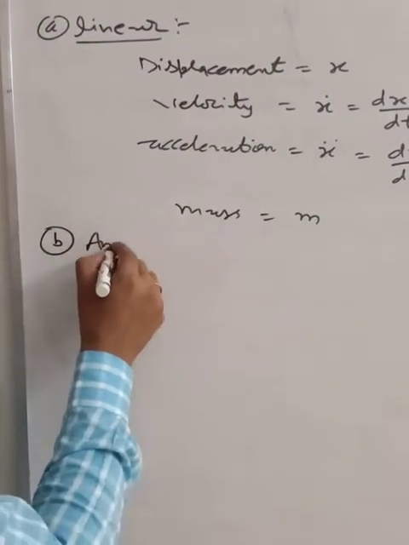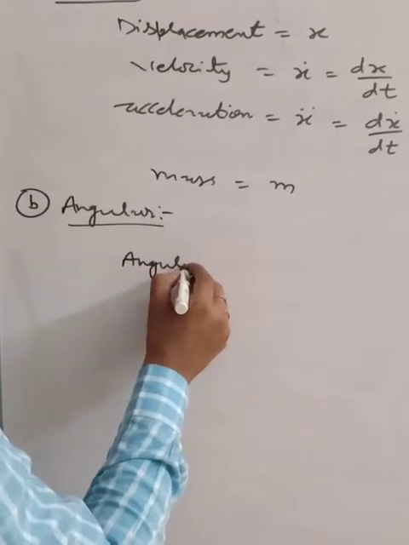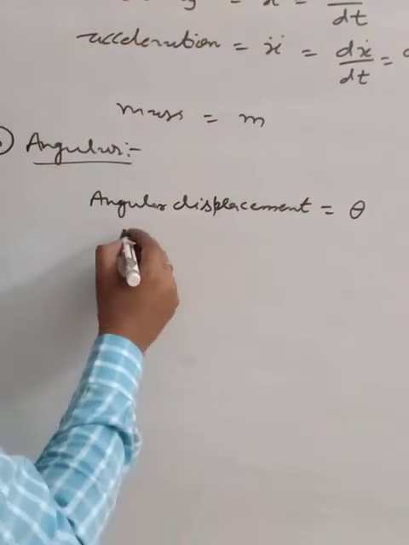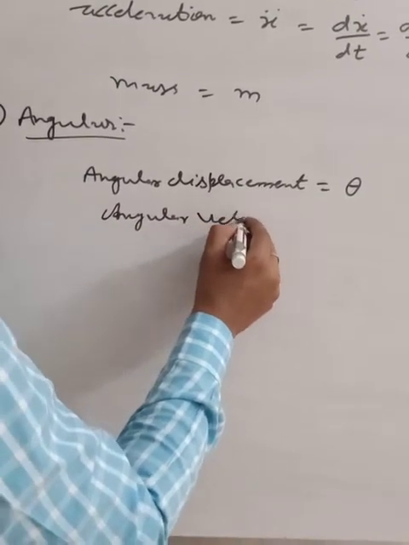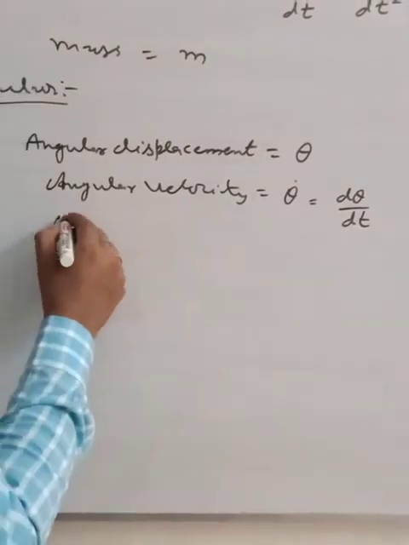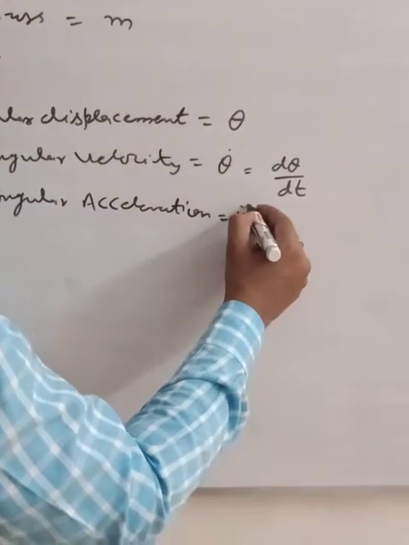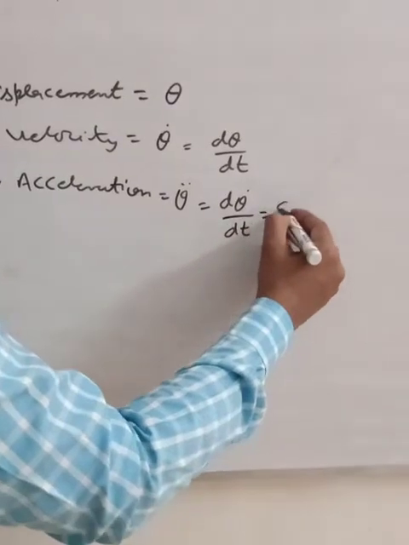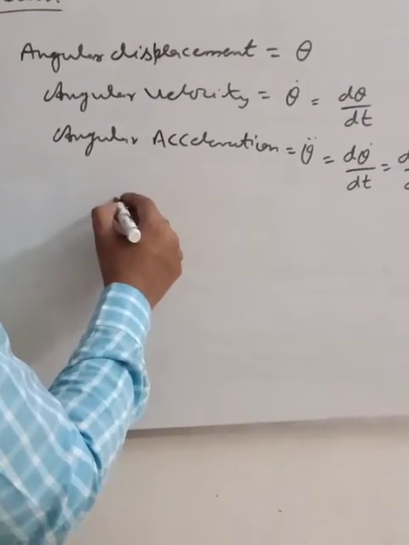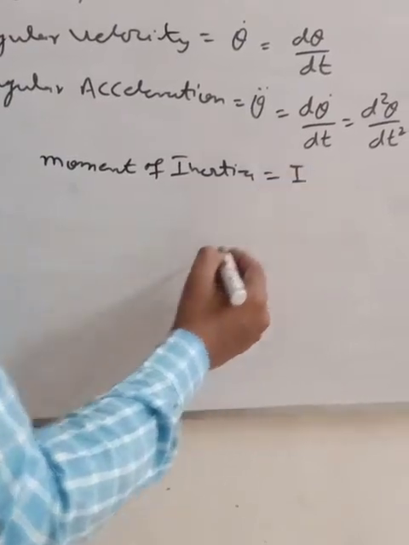But if we consider angular motion, then the angular displacement is theta, angular velocity is theta dot, d theta by dt, angular acceleration is theta double dot, or the second derivative of angular displacement, and instead of mass we consider the moment of inertia, which is I.